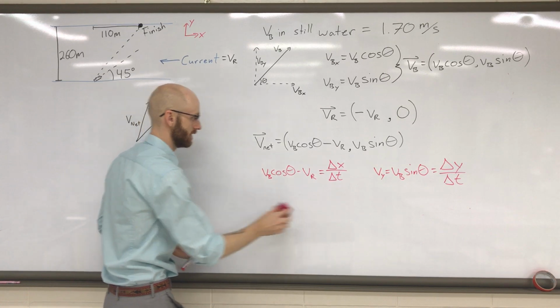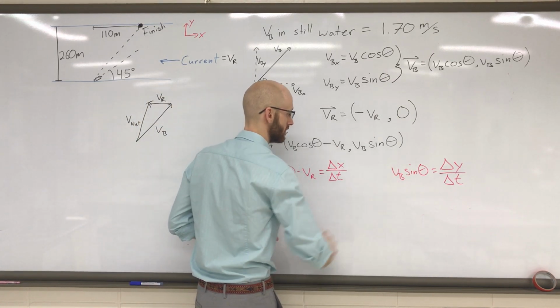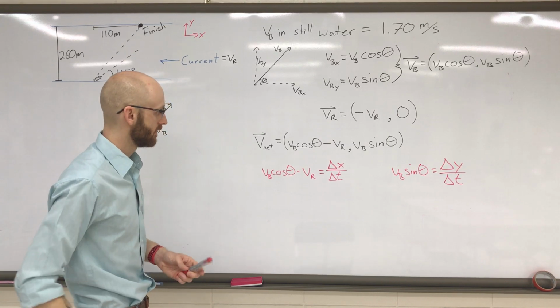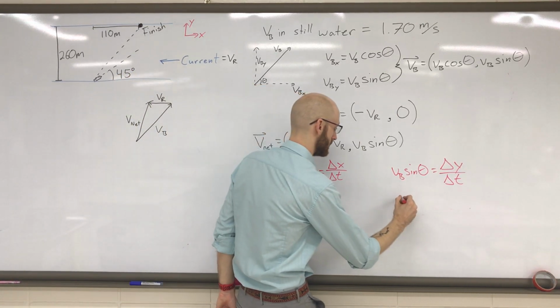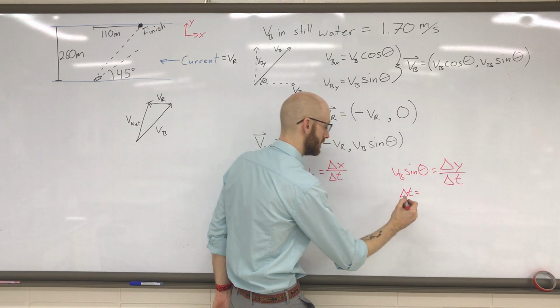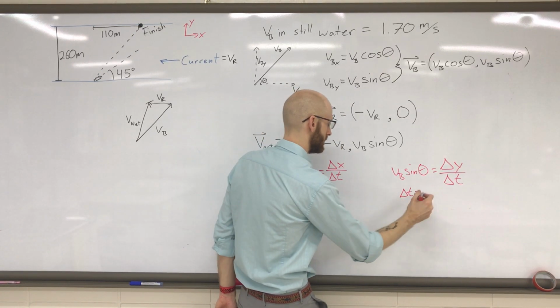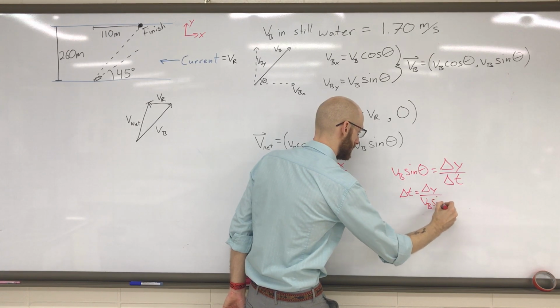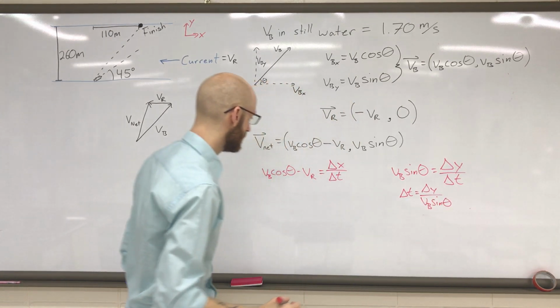And I might go ahead and get rid of this equals sign really quick, just to make those look a little more clean. So in order to plug those equations into each other, I'm going to solve this for delta t. So delta t is delta y over Vb sine theta.